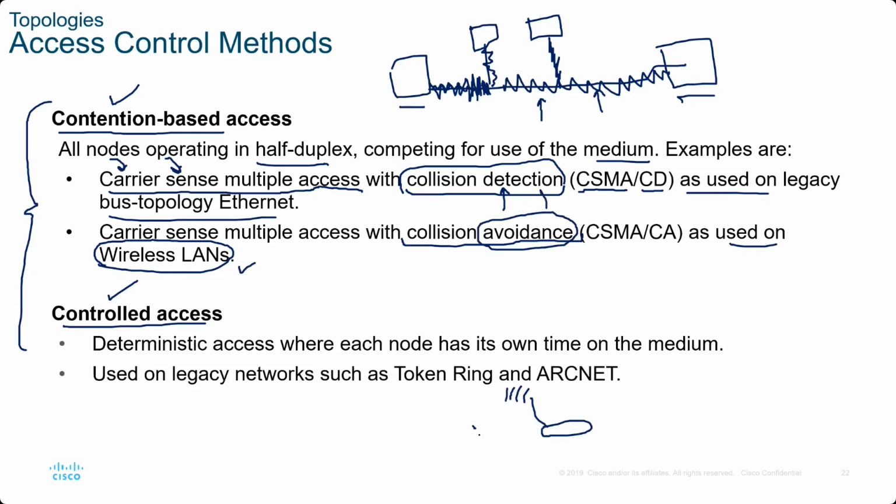It is using a single frequency band, which is the same as if you have a single wire. Then you have smartphones, computers, and laptops and so on, everyone connecting to the same wireless access point using the same single frequency. If you were to draw this using connections, it looks exactly like this bus topology.